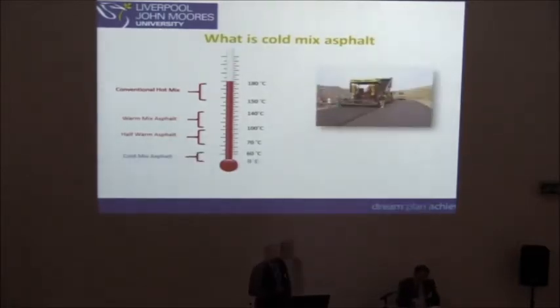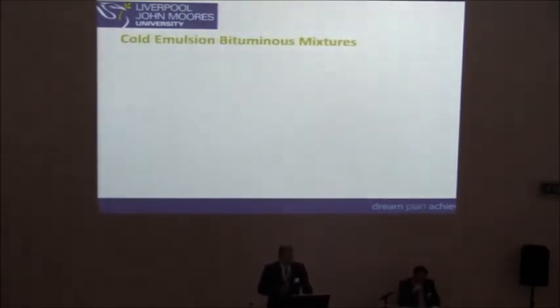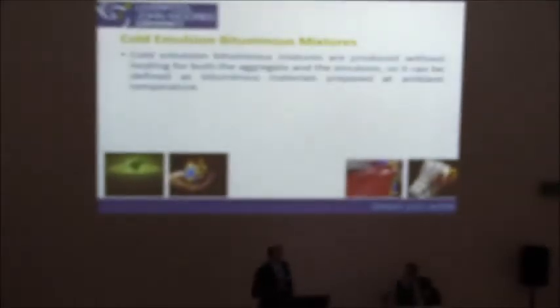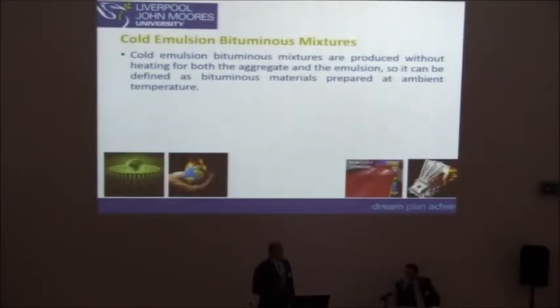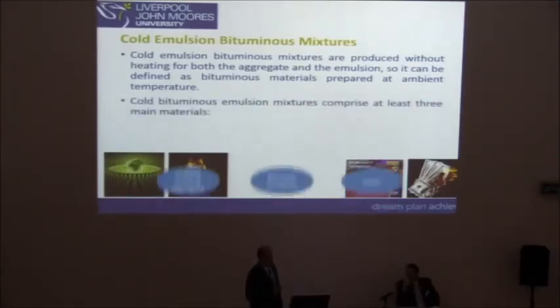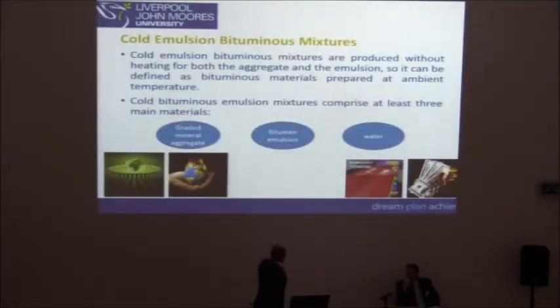Cold mixed asphalt is produced without heating the aggregate and the emulsion, between 0 and 60. For our mixture, we produce our mixture at ambient temperatures, so there is no heating. So cold bituminous emulsion mixtures are produced without heating the aggregate and the emulsion, and they contain graded mineral aggregate and bitumen emulsion with pre-wetting water.